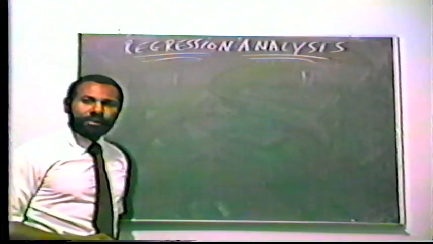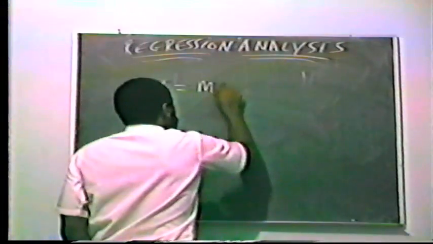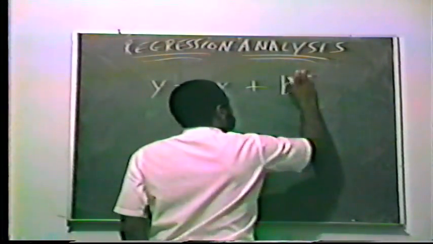First of all, recall that any non-vertical line can be written in the form y equals mx plus b.